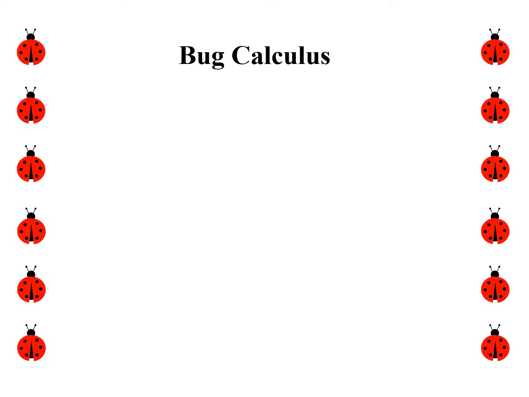So we start off with this function. It's a position function, and it tells you where the bug is on the number line. We'll use seconds for time and feet for position. And suppose you plug 1 second into that function.